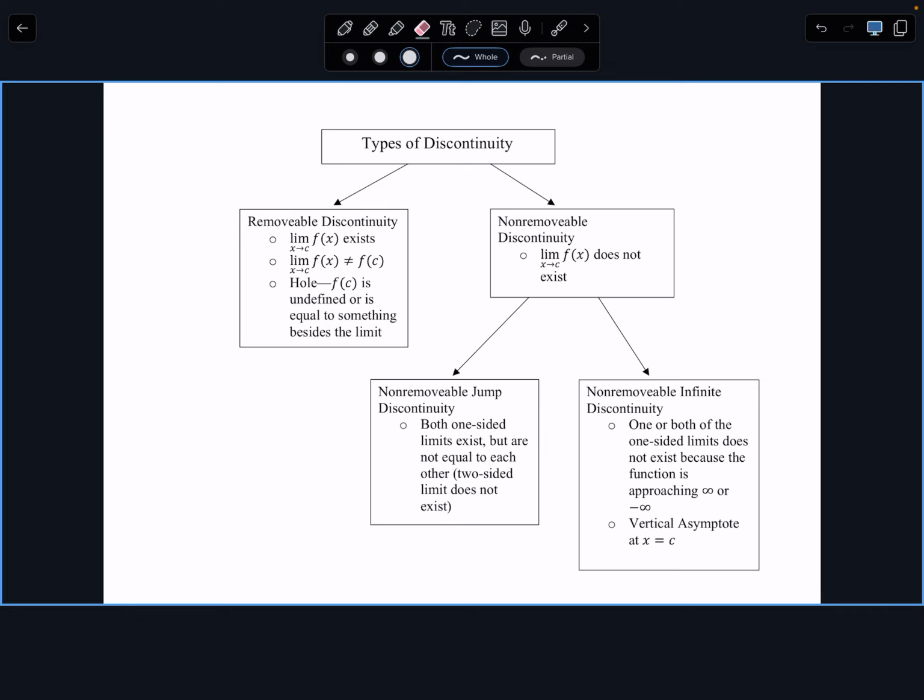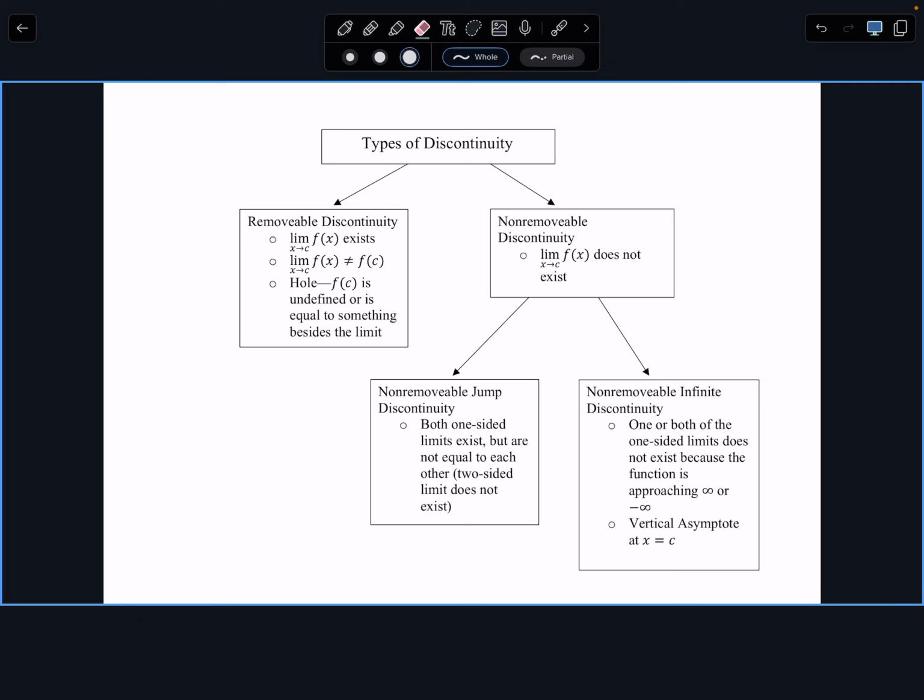Graphically, for removable discontinuities, we've talked about if there's a hole or if it's a piecewise function where it looks like there's a hole but the function value is actually something else. And now that we've talked about limits, we can say that if there's a removable discontinuity, the limit has to exist, right? The function has to be approaching a number. It's just that maybe the function is undefined if there's a hole, or the function value is something different. So that's case 2 or 3 of when the limit exists.